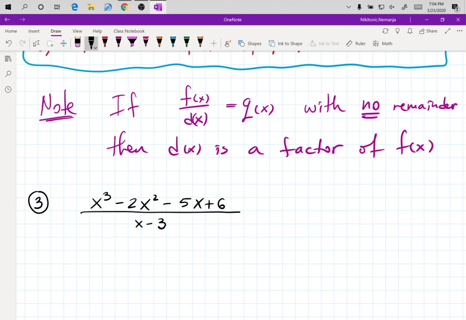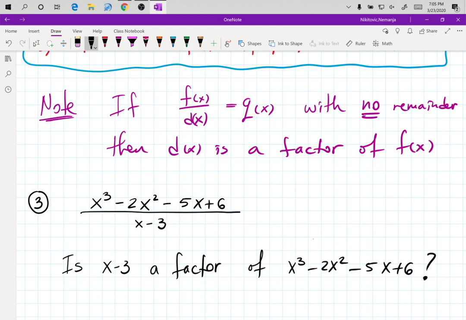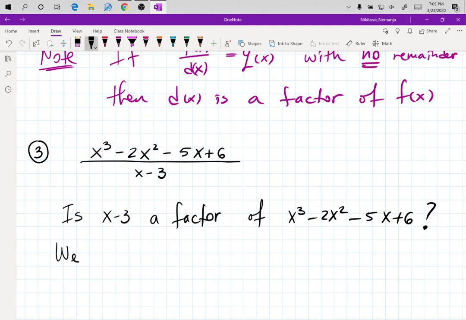Well, I can do that in 3 different ways: long division, synthetic division, or I can just plug in 3 and look for 0 remainder. Those are the 3 ways to do the same thing. So the question is now, is x minus 3 a factor of x cubed minus 2x squared minus 5x plus 6?